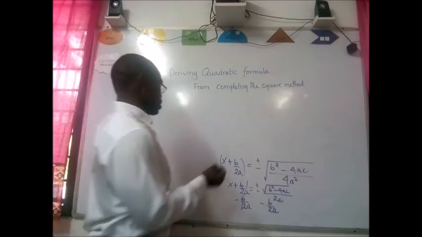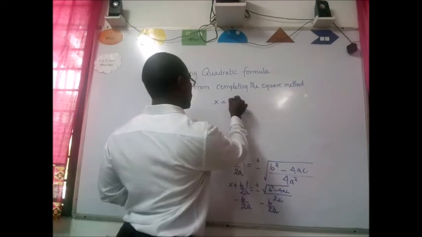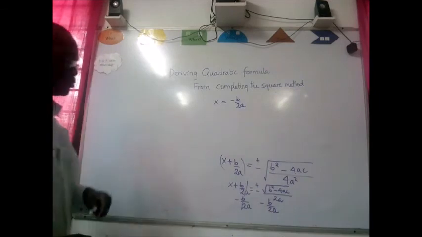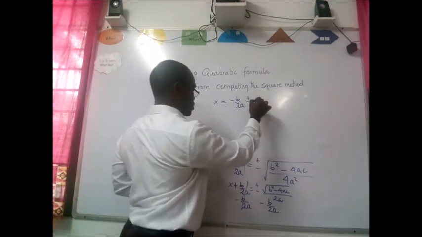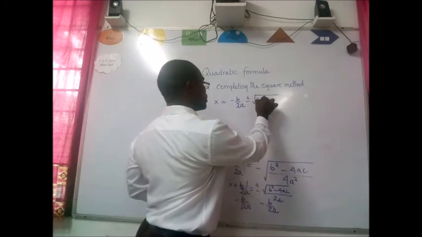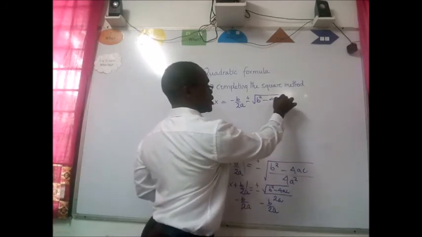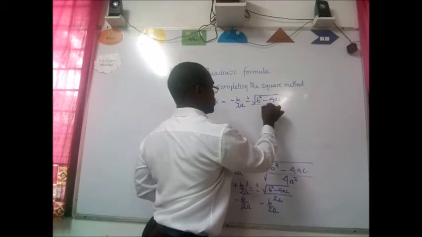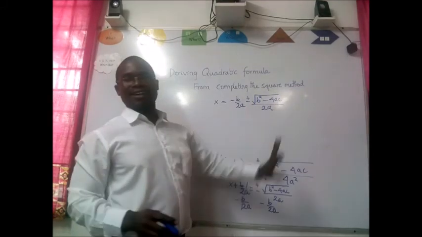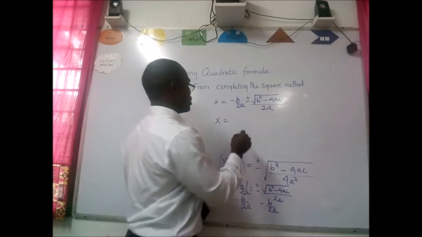And on this side, now we remain with x is equal to, now this is negative b over 2a plus or minus the square root of b squared minus 4ac divided by 2a. And therefore here, because we have already got the common denominator, our common denominator here is 2a.